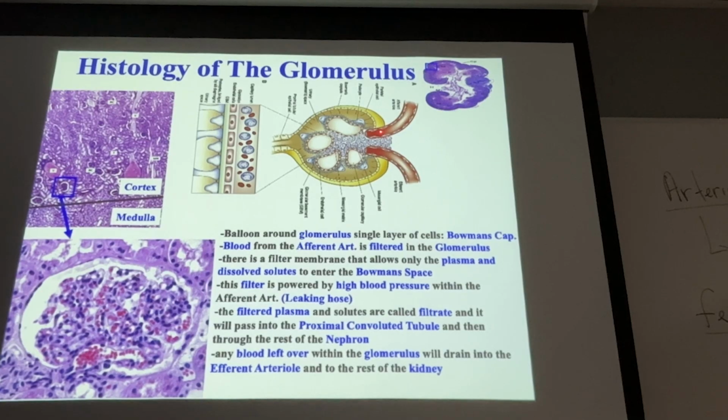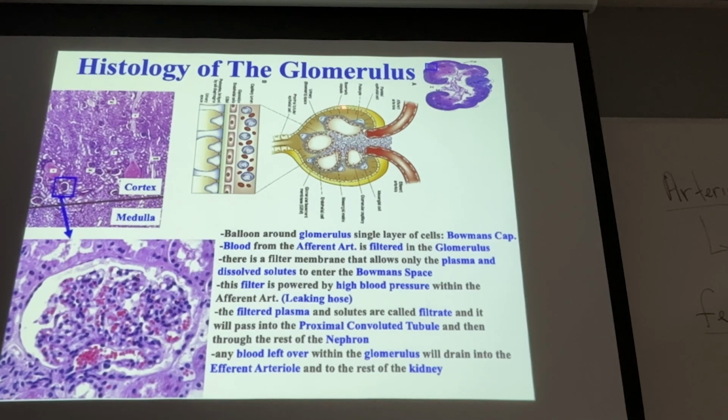All right, the outside of the Bowman's capsule, the actual balloon wall, if you will, is called the outer layer, or the serosal layer of the Bowman's capsule. As I mentioned before, Bowman's capsule has basically two layers.